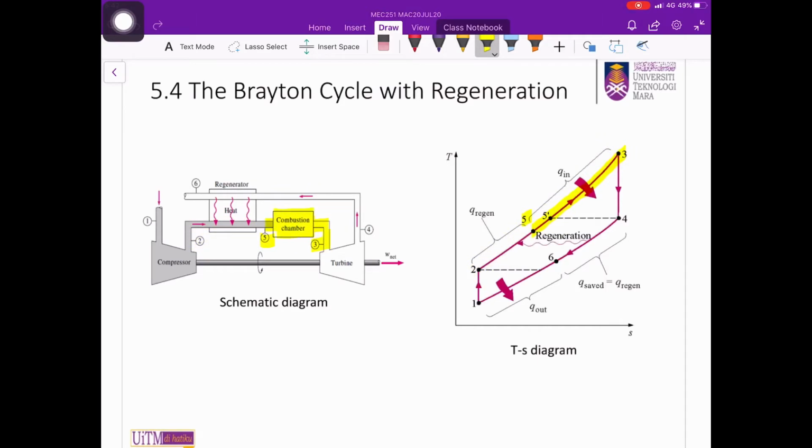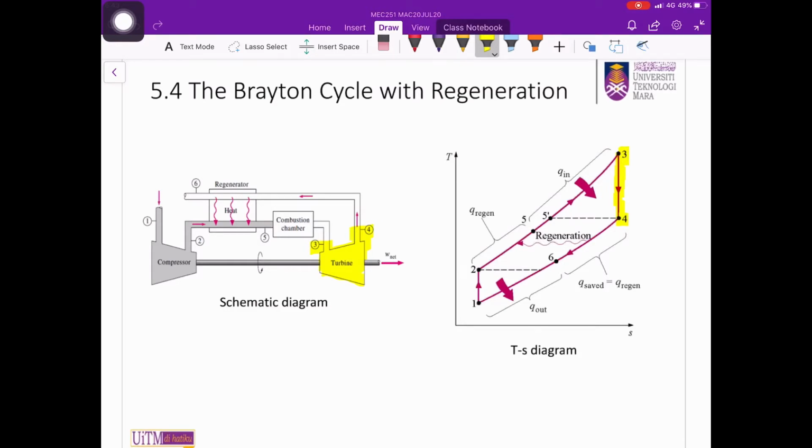Leaving the regenerator, the air will enter the combustion chamber. The air will be mixed with fuel and combustion will occur. The result will further increase the temperature of the gas. The temperature of the gas leaving the combustion chamber is the highest temperature for the cycle.